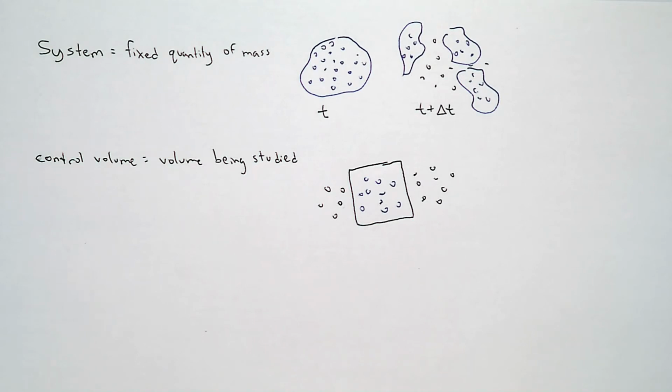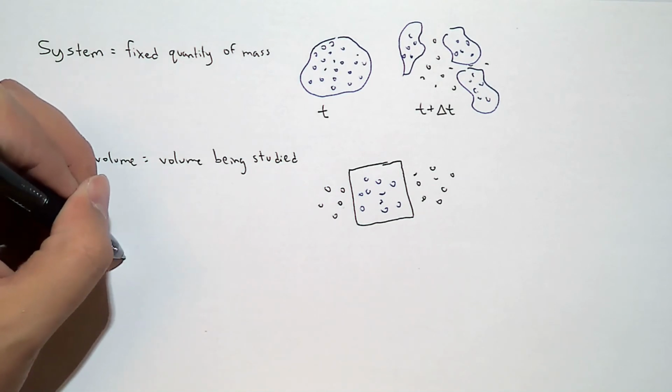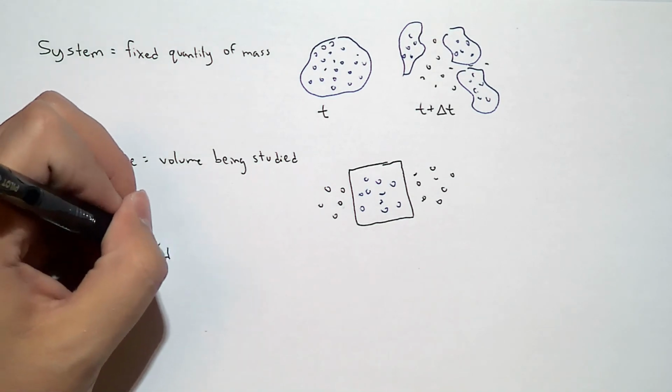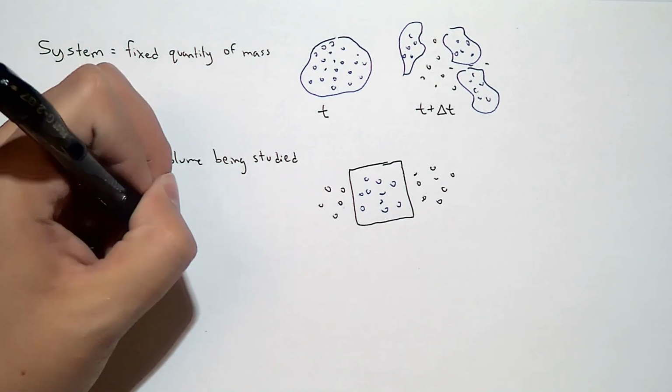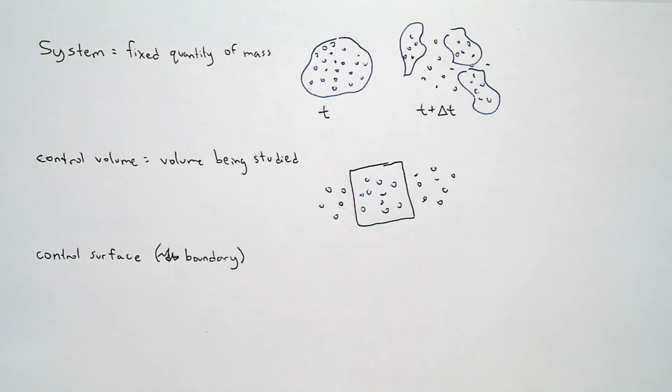Now, we already said that the fluid enters and leaves the control volume through a control surface. So I'm not sure I have to define it here, but essentially a control surface, which is also known as the boundary, is simply the area where fluid enters and leaves your control volume.